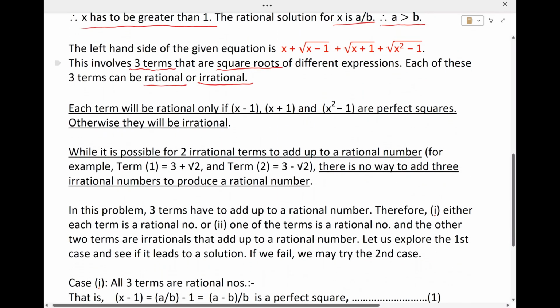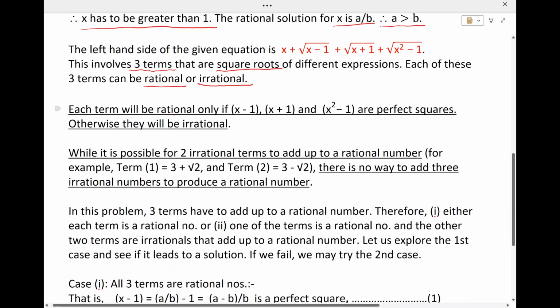Now, each term will be rational only if x minus 1, x plus 1 and x square minus 1 are perfect squares. If they are perfect squares, their square roots will be rational. If they are not perfect squares, they will be irrational.